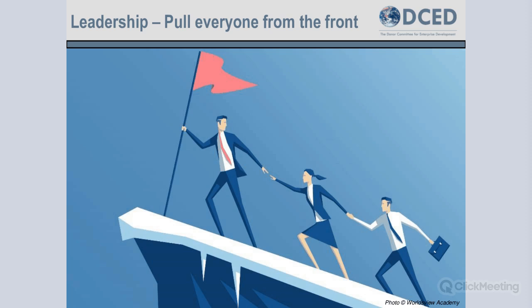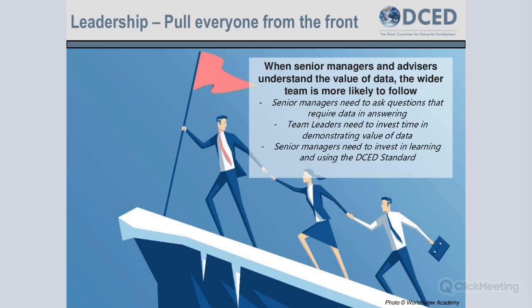Okay, so when we're talking about leadership, we say the leader needs to pull everyone from the front. It is very evident in our case that when the senior managers and the advisors who are part of the senior management team understand the value of data, the wider team is more likely to follow.